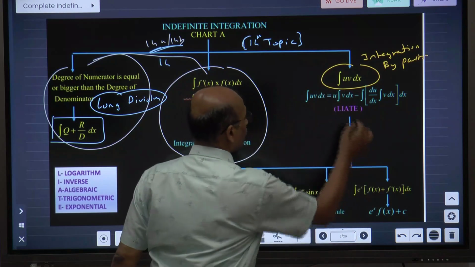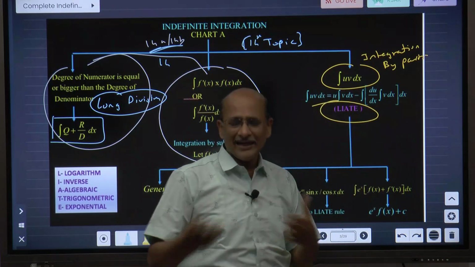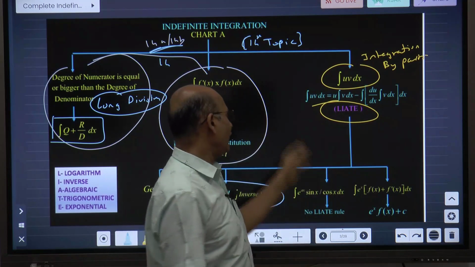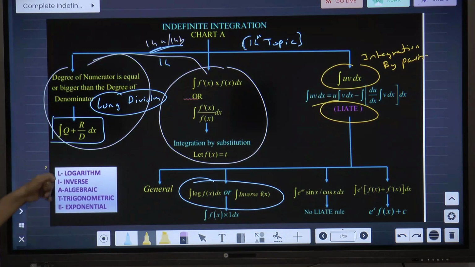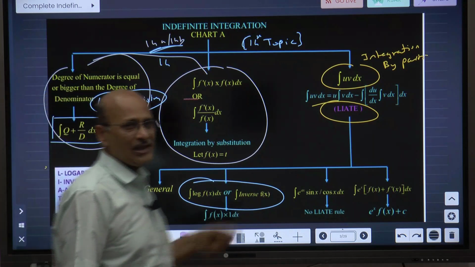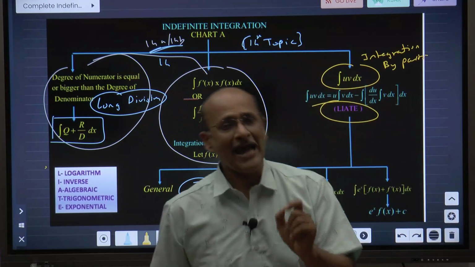So you follow the LIATE rule. In some cases they say ILATE rule. ILATE and LIATE are one and the same. By the way, what LIATE stands for is mentioned here. L stands for logarithm, I stands for inverse, A stands for algebraic, T stands for trigonometric, E stands for exponential.